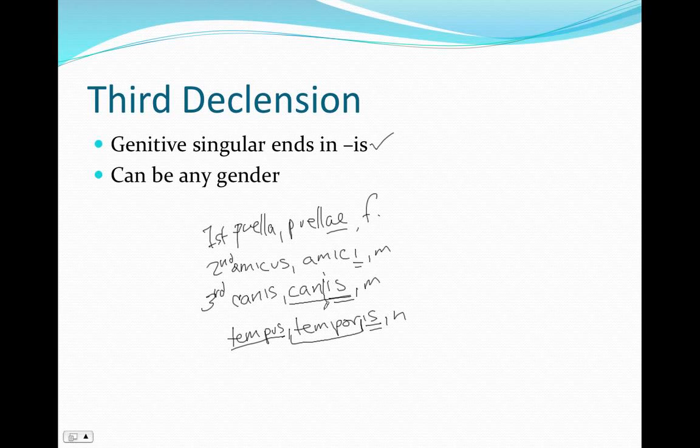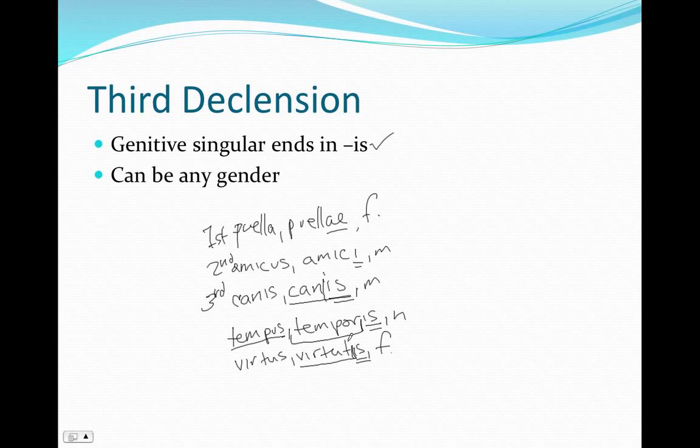The other thing to keep in mind is that third declension nouns can be masculine, feminine, or neuter. Here's a masculine, here's a neuter. We could also have virtus, virtutis, feminine, so there's the is, third declension, stem virtut. All of the endings are going to be added onto this stem, and it's a feminine noun.